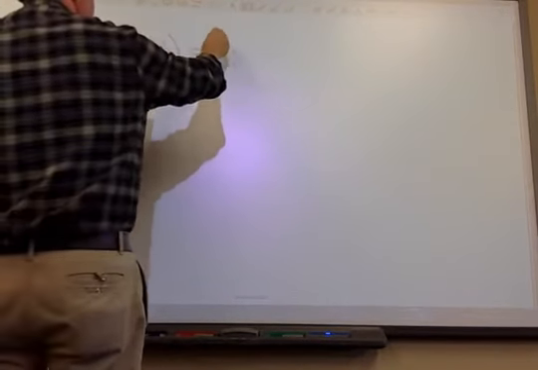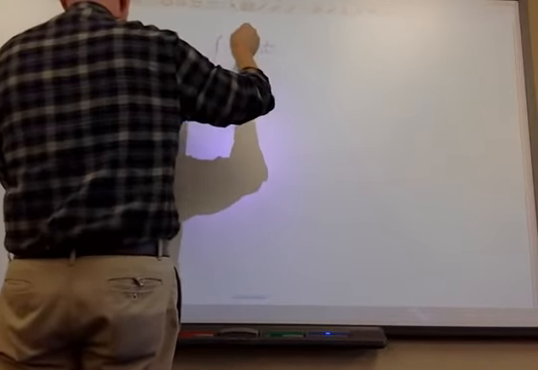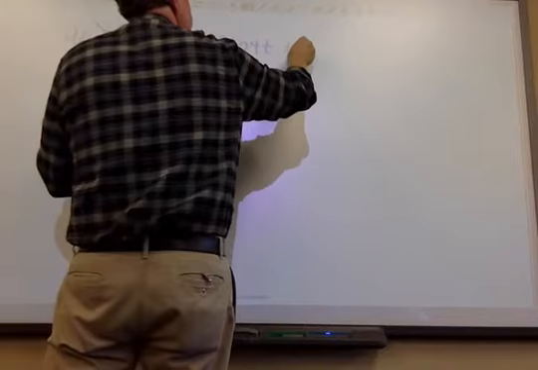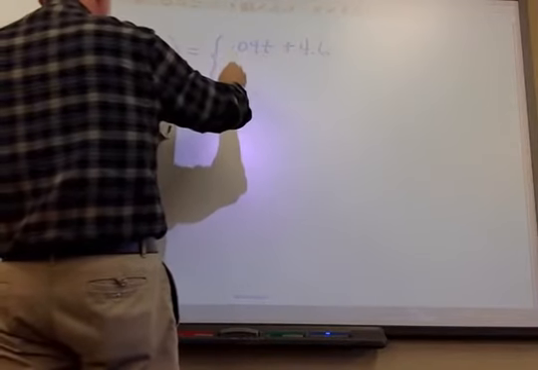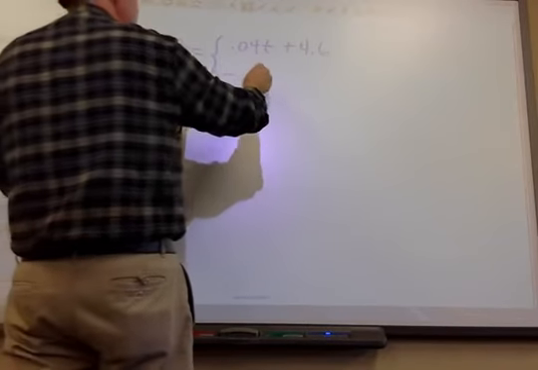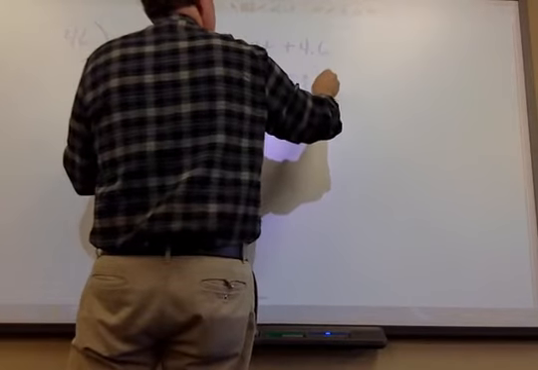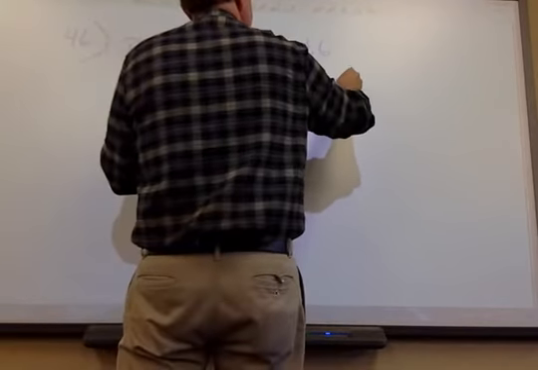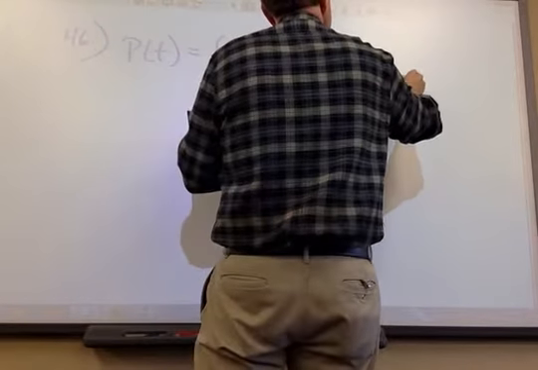P of t is 0.04t plus 4.6, and negative 0.005t squared plus 0.945t minus 3.4.